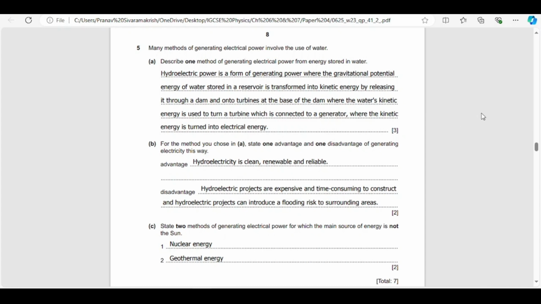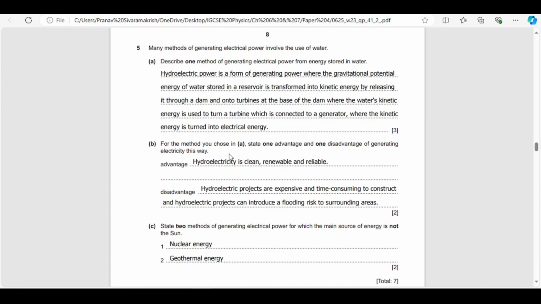The kinetic energy of a coil within the generator results in electromagnetic induction, and that produces electrical power. So that is how you can use hydroelectricity to take stored gravitational potential energy, convert it into kinetic energy of the water, then kinetic energy of the turbine, and finally into electrical energy. So that is an example.